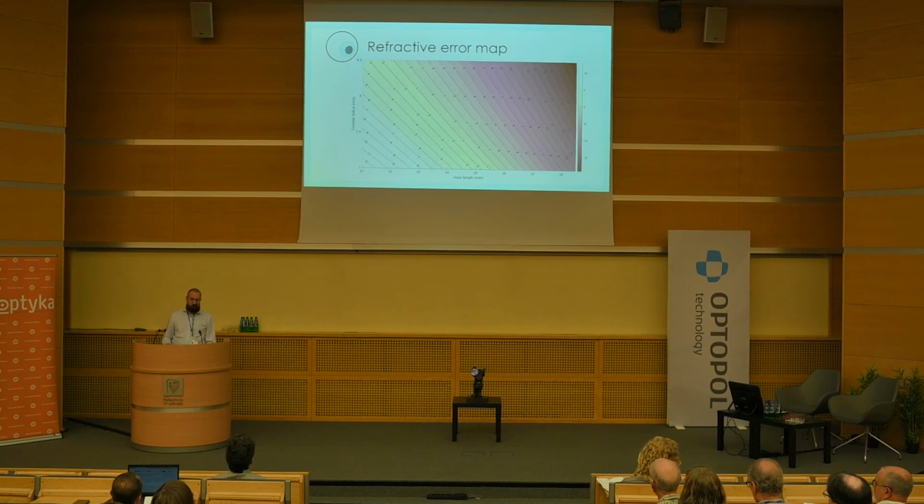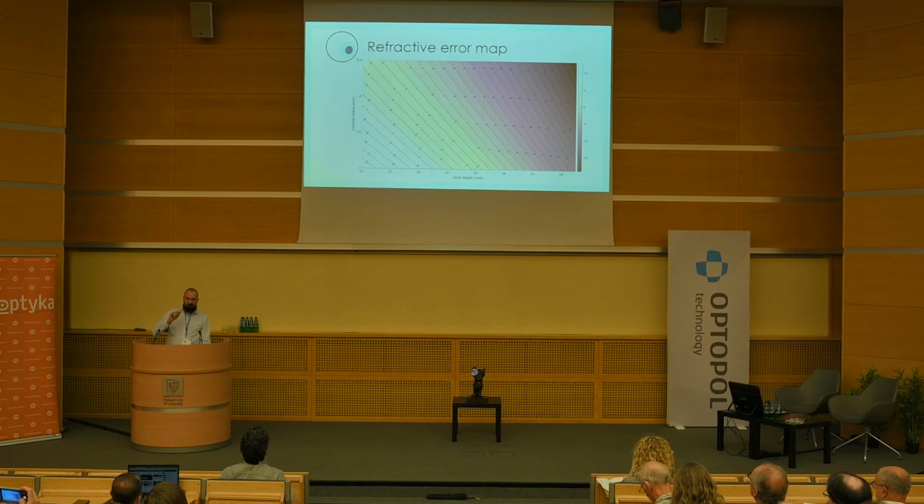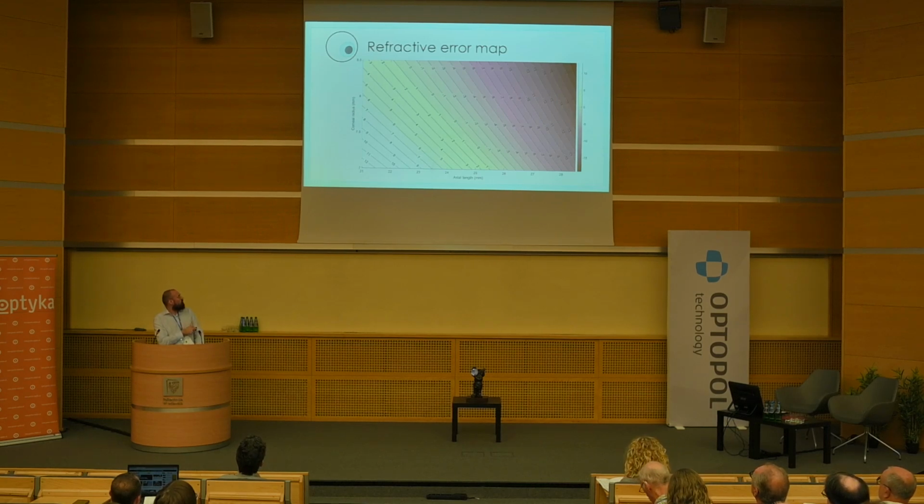So the interesting part is this. It's the map that was simulated point by point for different axial lengths, as you can see here on the horizontal axis, and for different corneal radii.